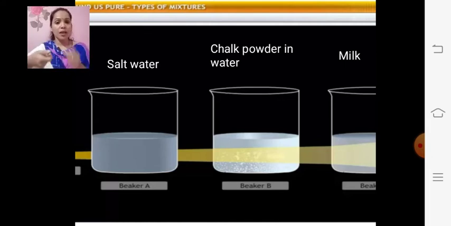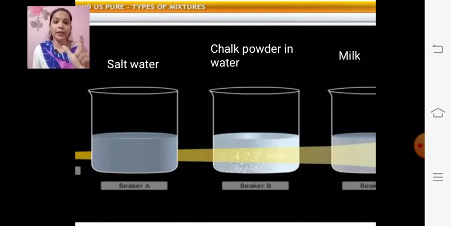Using a torch, a beam of light has been passed through all 3 solutions. What do you observe? You can observe that you cannot see the beam of light in salt water, isn't it?